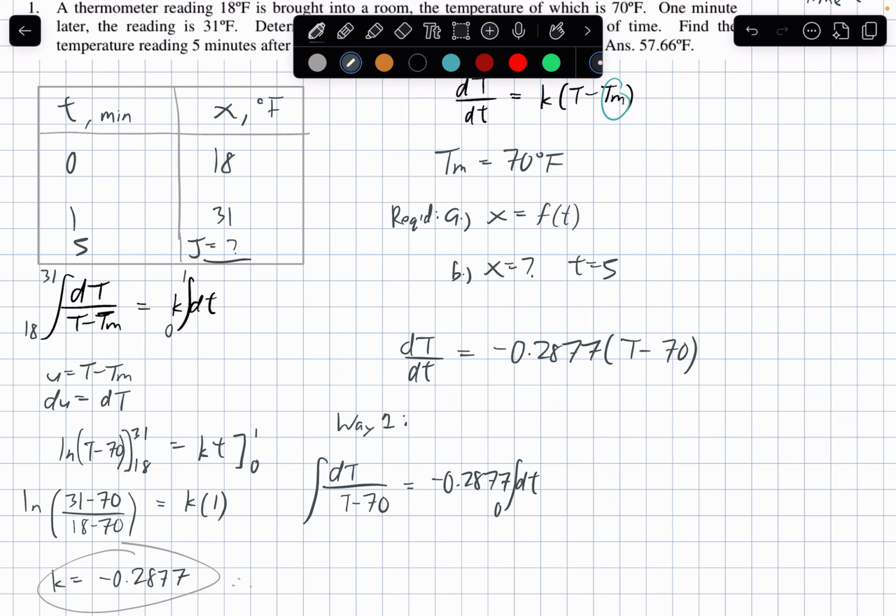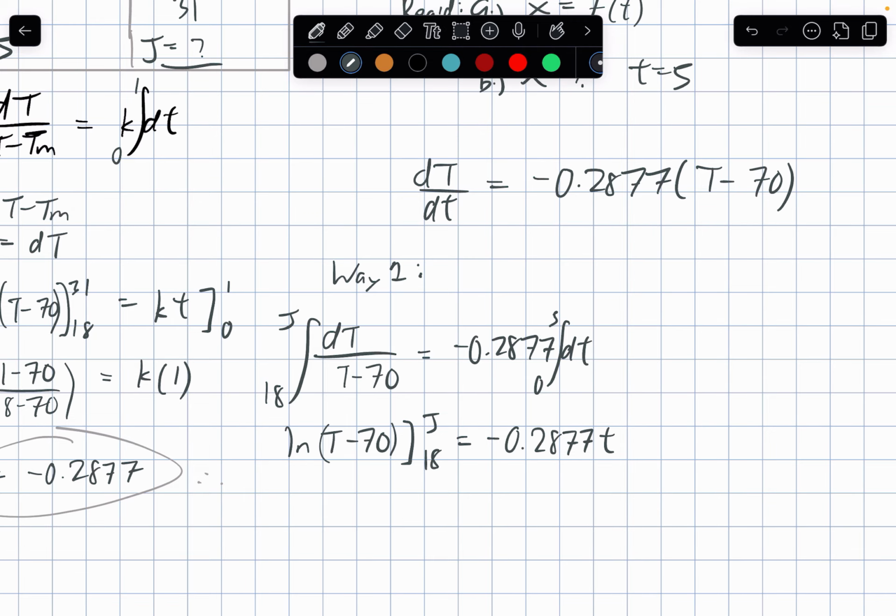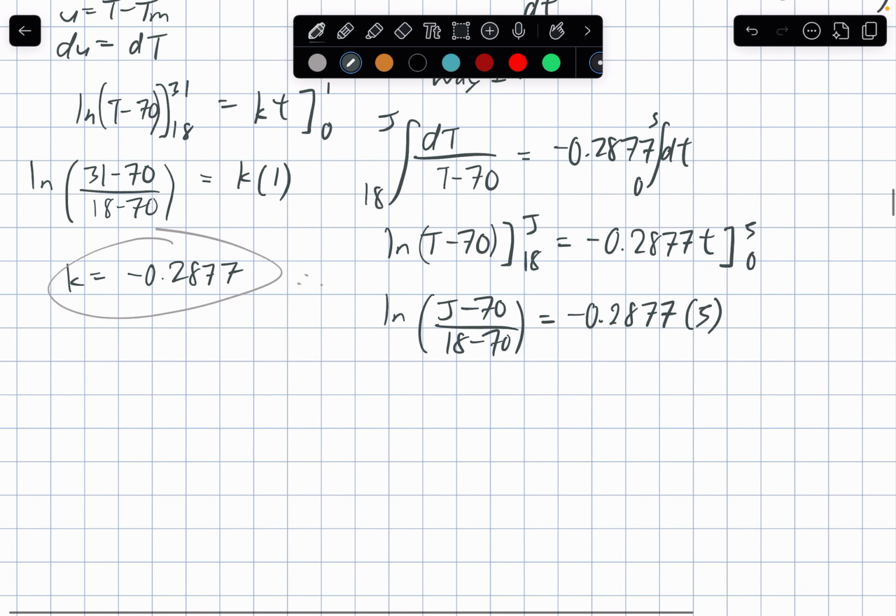Zero to 5 minutes, and then 18 to J. ln T minus 70 from 18 to J is negative 0.2877 t from 0 to 5. ln J minus 70 over 18 minus 70 equal to 5 minus 0, which is just 5.